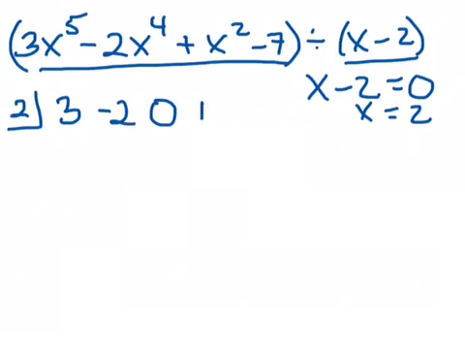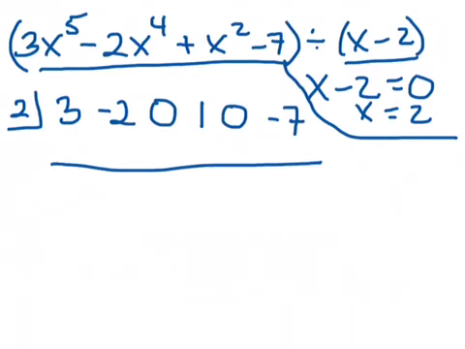We'll write 1 for the x to the 2nd term. Again, the x to the 1st term is missing, so we'll write a 0. And lastly, we'll write negative 7. Now skip a line underneath it and leave it blank, and then I'm going to draw an underline.